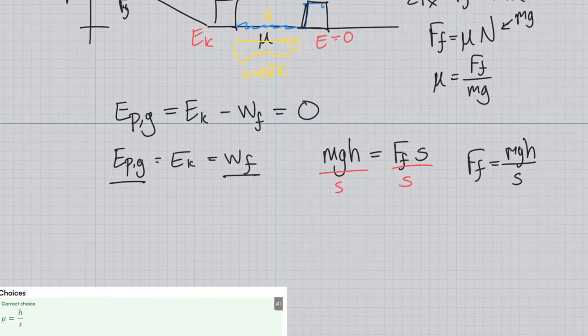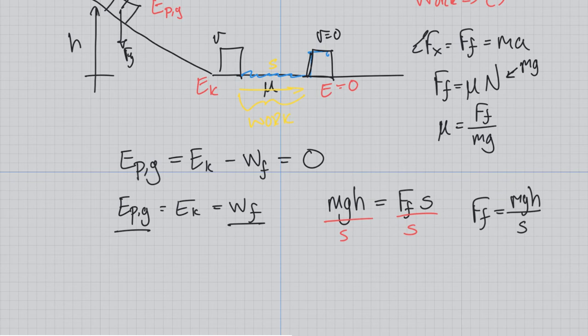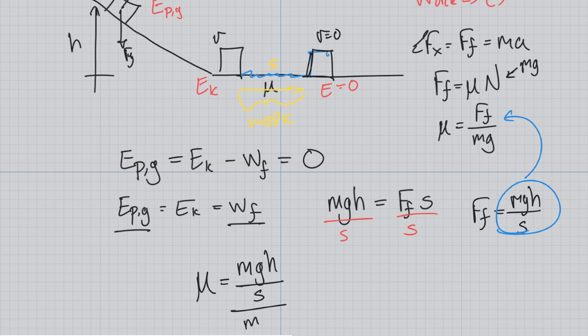So now I can simply plug this force of friction into the equation for my coefficient of dynamic friction and solve for mu. My coefficient of friction is going to be mgh divided by s, divided by mg.